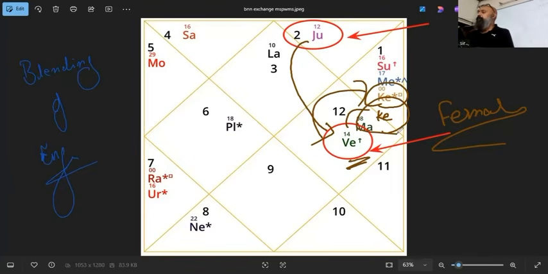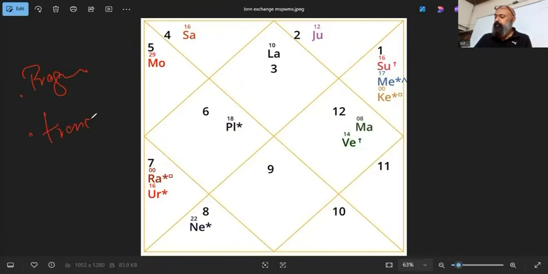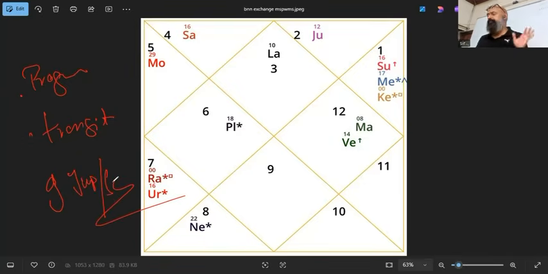And ultimately, the final result or the timing was judged through progression and the transit of Jupiter and Saturn. फाइनल रिजल्ट तो वही देंगे.